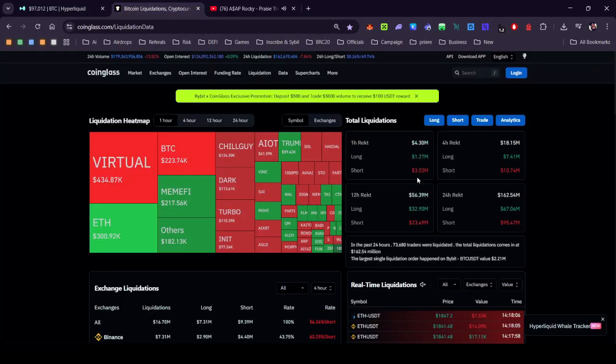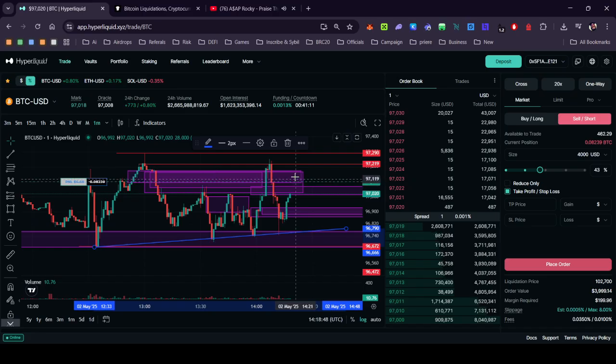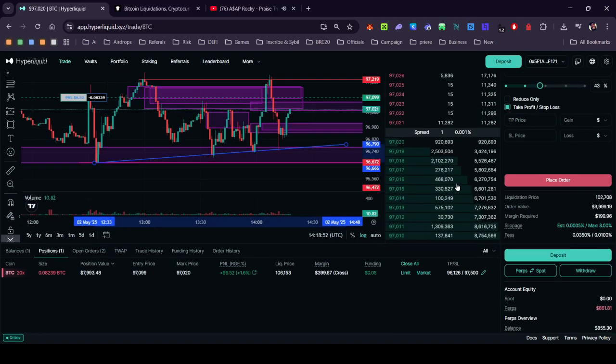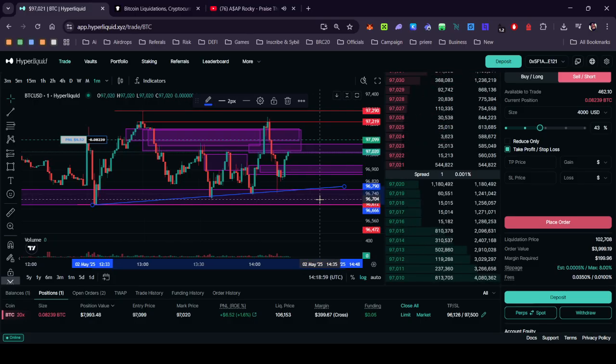Coinglass, 1 hour past, 3 million dollars of short being liquidated. Meanwhile, $1,027 of long being liquidated, showing that the money is towards the long side. Hell yeah.